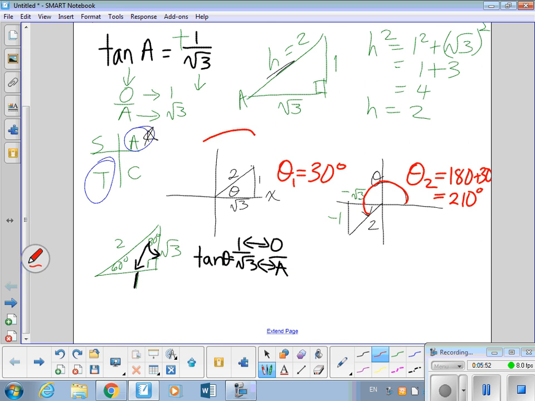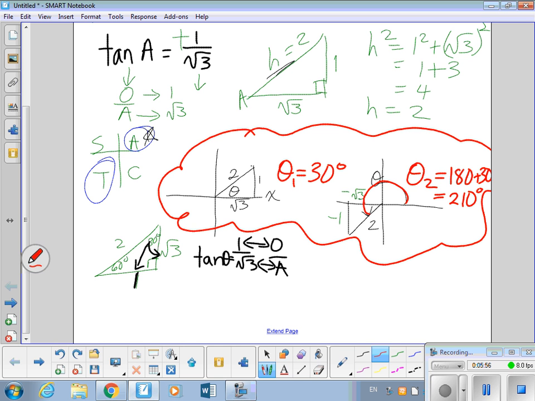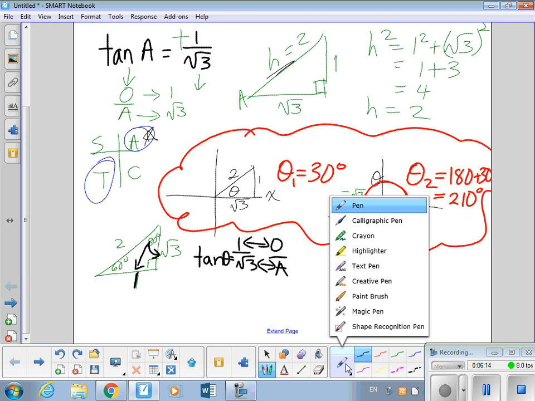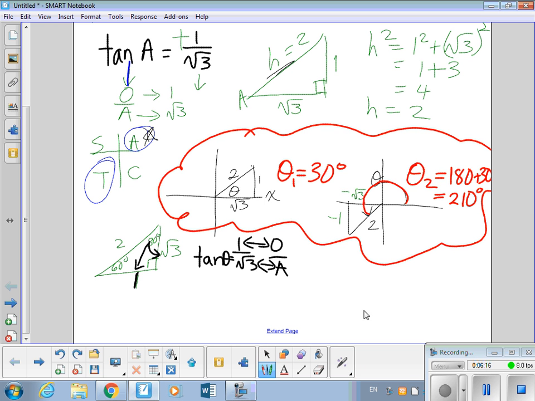Okay, so for most of you, this part here was the real issue. Now, if you look at, there's my solution that I've highlighted in red, but look how much work we had to do to get to our solution. We had to understand that tan, just going to switch to magic pen, we had to understand that this is what tan equaled. I had to then convert that to that.